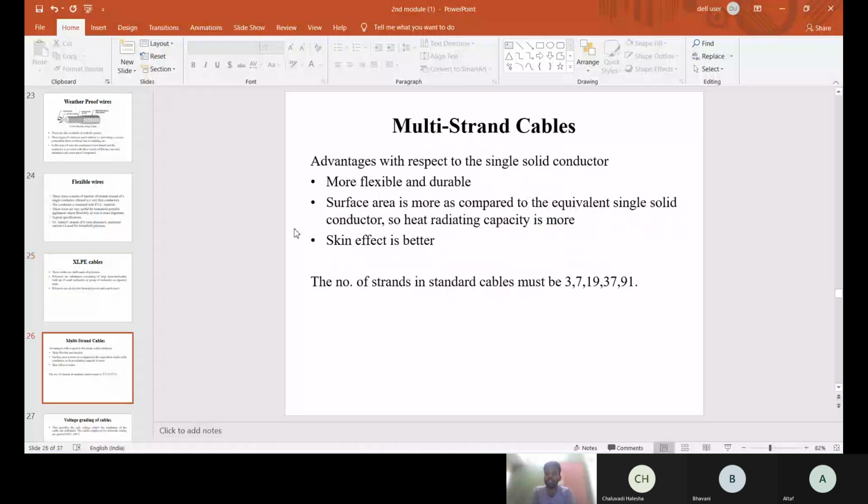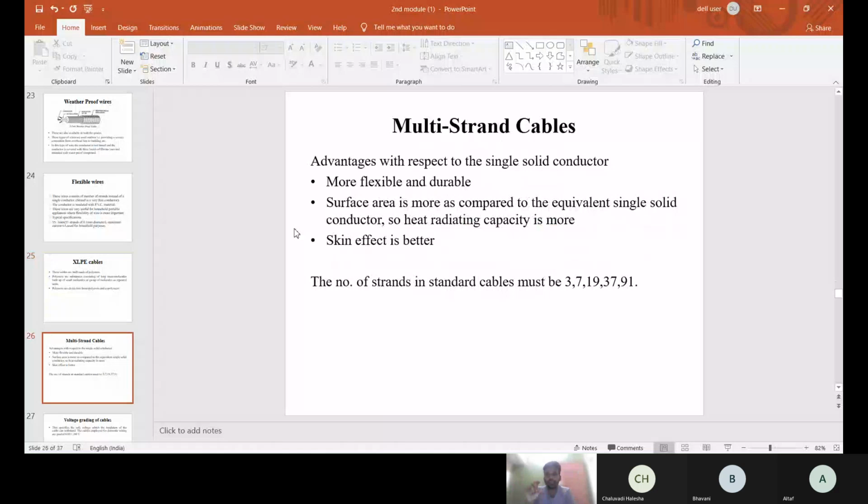If I use single strand conductors instead of multi-strand conductors, then the space required will be more. At the same time, cables normally generate heat when the rated capacity of current is exceeded.